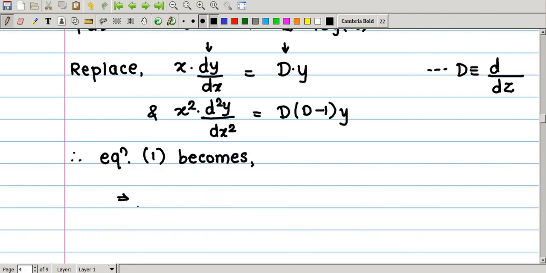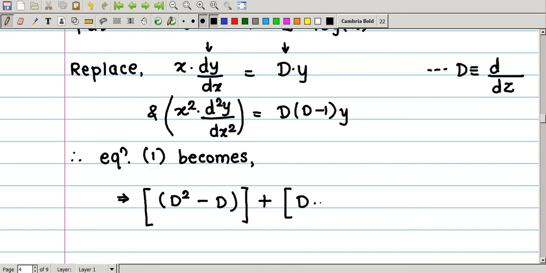We substitute x squared d squared y upon dx squared as D squared minus D, plus x into dy by dx will be replaced by D into y, and on the right hand side a plus b times log x, and log x will be written as z.